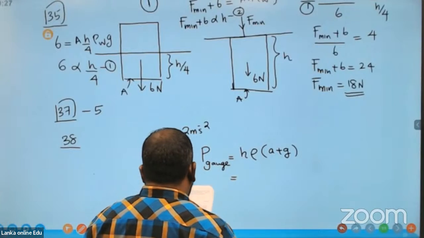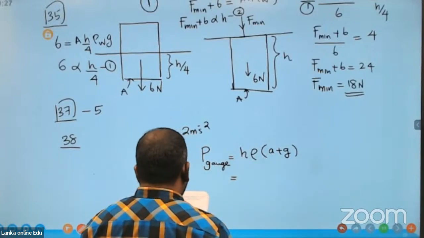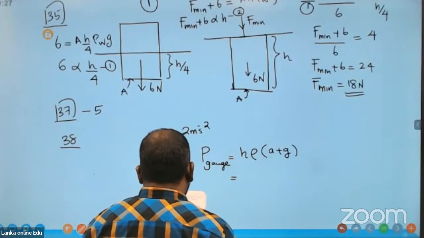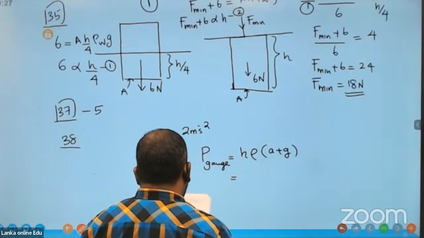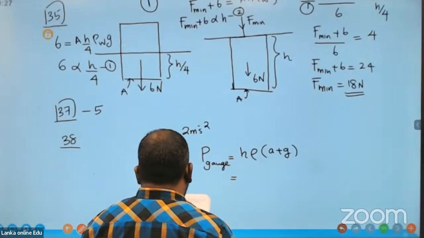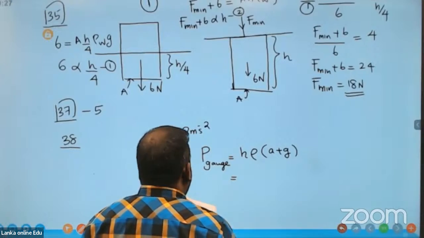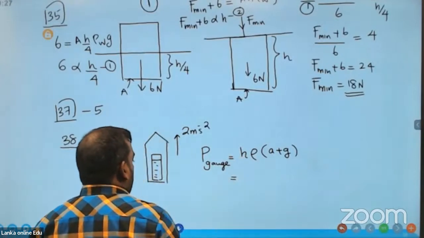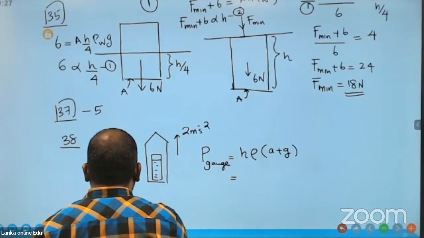They are asking the pressure at the bottom of the tank. So that's the gauge pressure. So here you have height. Tank cross-sectional area is given. It will accelerate vertically upwards. Pressure due to the weight, you can multiply into force. So pressure is force over area.